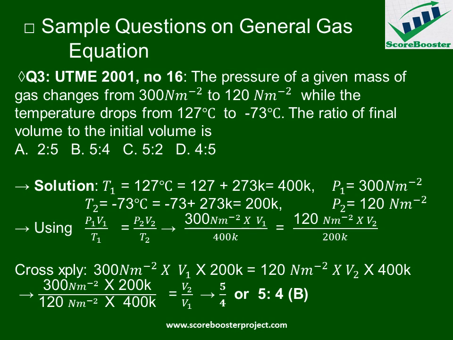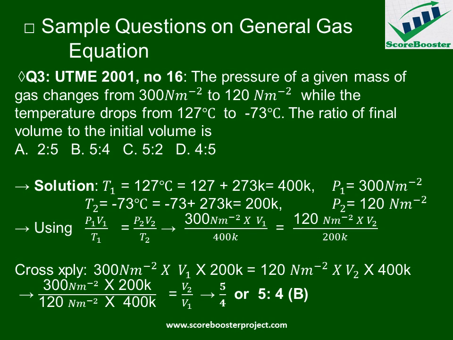Then we can divide through firstly by 120 and 400 Kelvin, and later in the second step divide by V1.